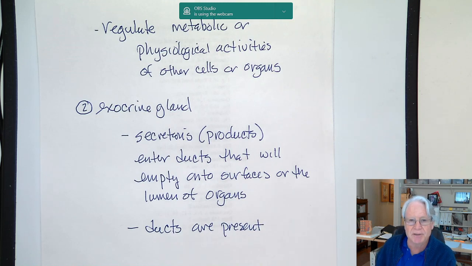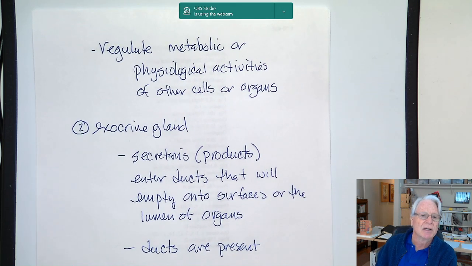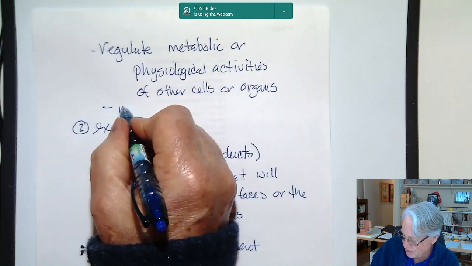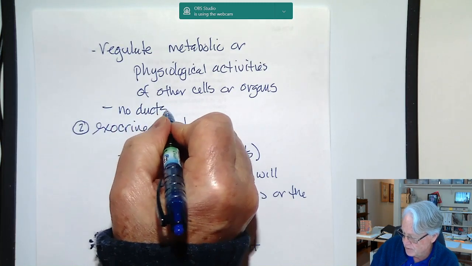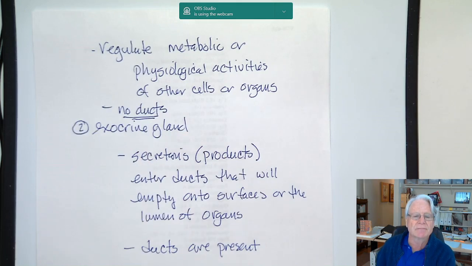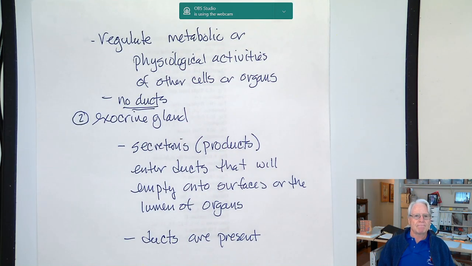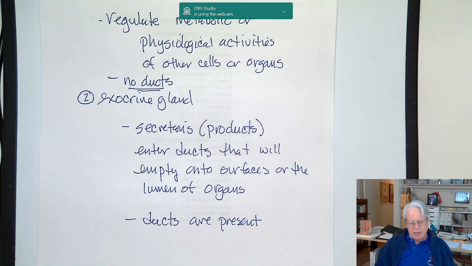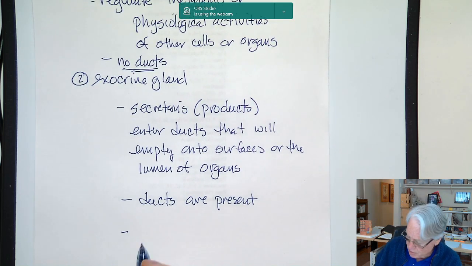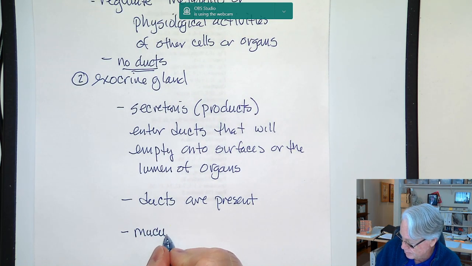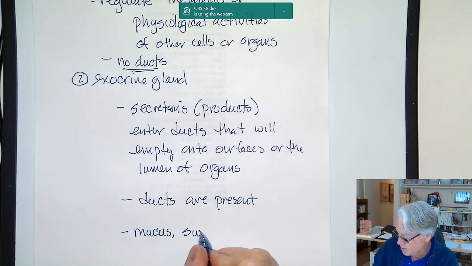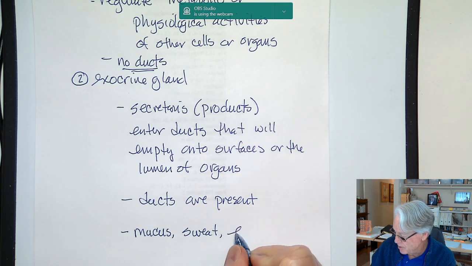One of the things I forgot to mention in the previous type of gland, the endocrine gland, is that there are no ducts. So let's go back and add that information. No ducts. So ducts are present with exocrine glands. The types of secretions we're talking about are things like mucus, sweat, earwax, milk, and enzymes.